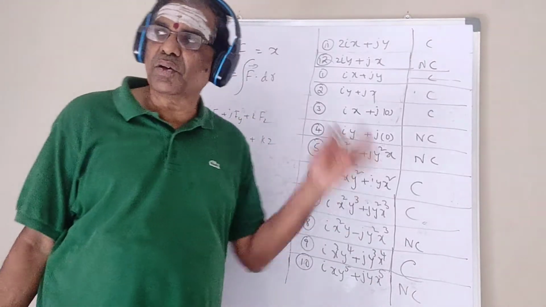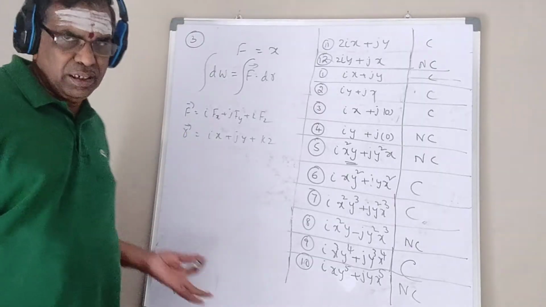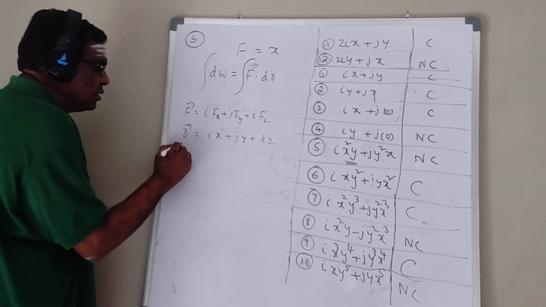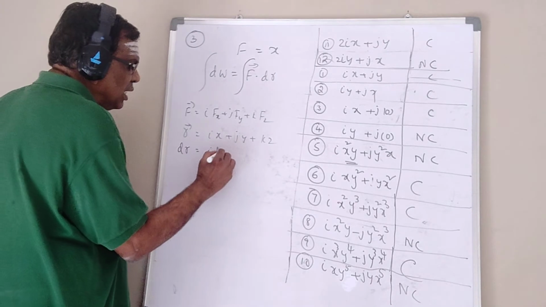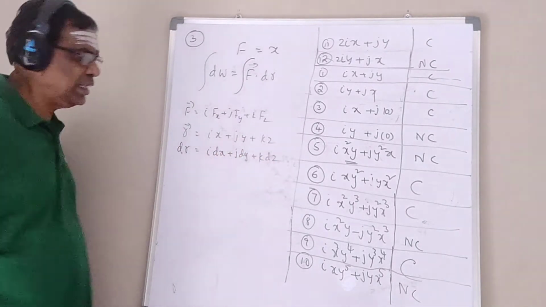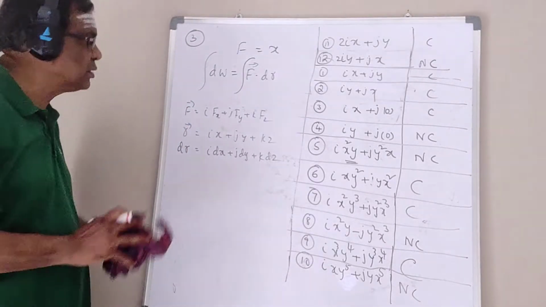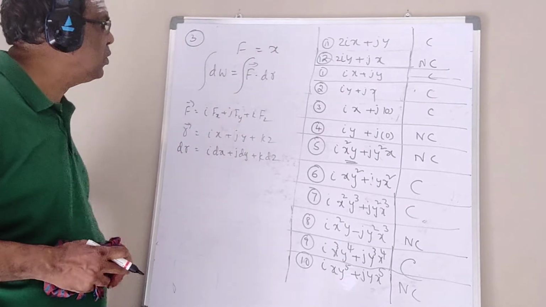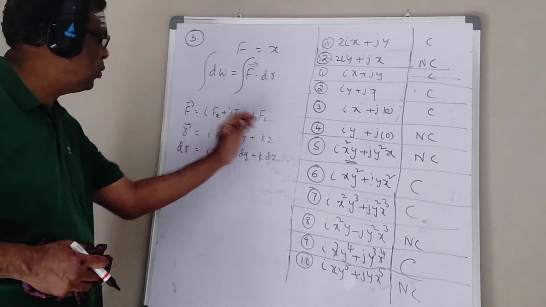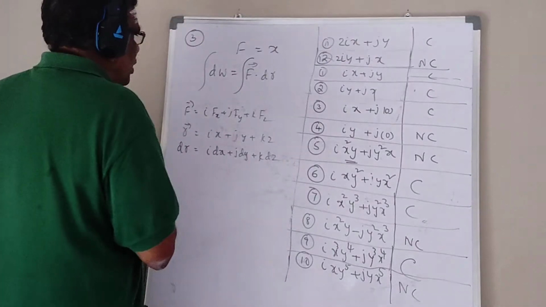This is the Cartesian coordinate system. So we take x, y, z, and of course wherever z is not there, we simply don't take it. And what is dr? Always i dx plus j dy plus k dz. Remember these three things always, okay? Now F is x i only, these two won't be there. So dr is simply i dx. What do you get there?